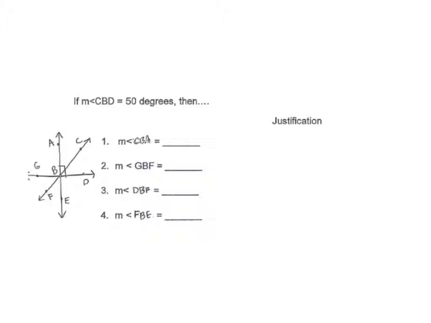Okay, so now we're going to apply this and find angle measures from diagrams. So this says the measure of angle CBD. Whenever you have given information, you need to write it in the diagram. So angle CBD is 50. Before I answer these down here, I'm just going to start filling things in that I know.